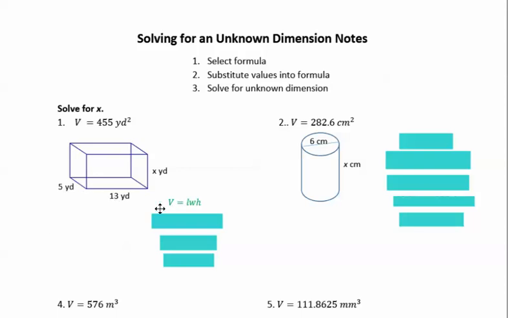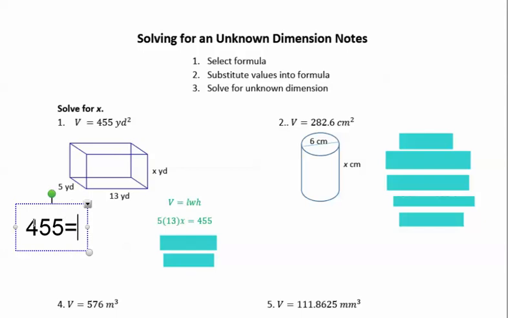It doesn't matter which one you plug in for which one, and then we're basically going to use X for H. So I wrote it like this. Now, if I wanted to, I could have also written it like this. 455 equals 5 times 13 times X.